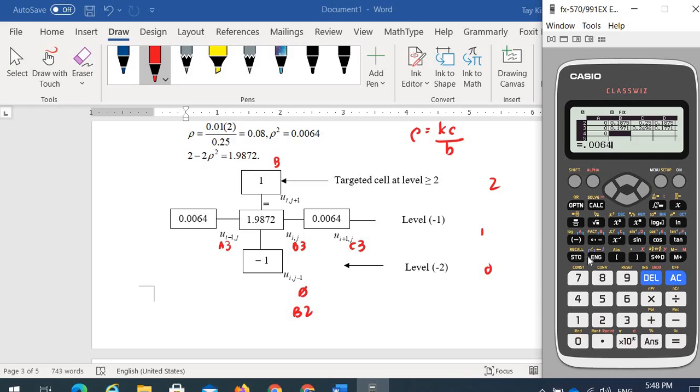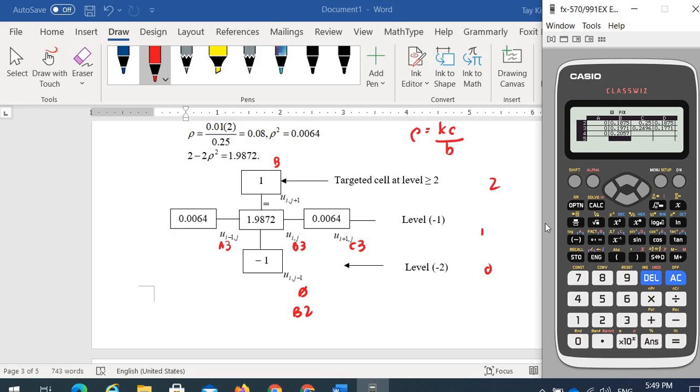So alpha A3 plus 1.9872 alpha B3 plus 0.0064 alpha C3 minus alpha B2. Because here B4 depends on the immediate bottom level, which is B3, and B2. So this will be A3, B3, C3, and this is B2.